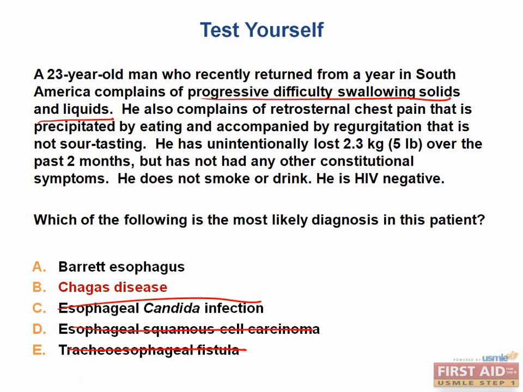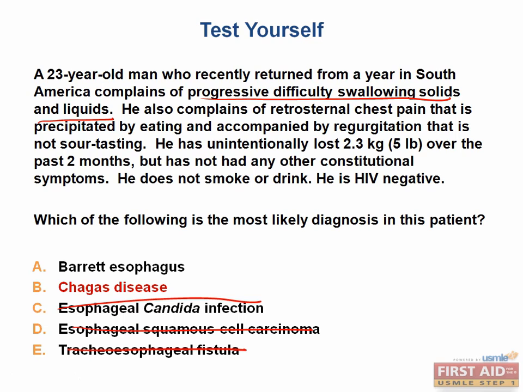Fixed masses might be expected to cause only solid food dysphagia, not both solids and liquids. His report that regurgitated food doesn't taste acidified or sour tasting suggests that it hasn't reached the stomach's environment yet. This would locate the lesion to above the stomach and the lower esophageal sphincter.